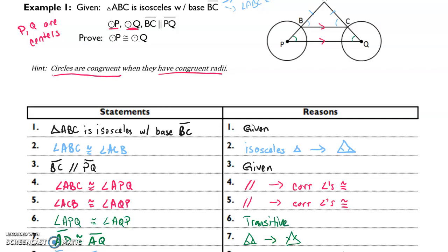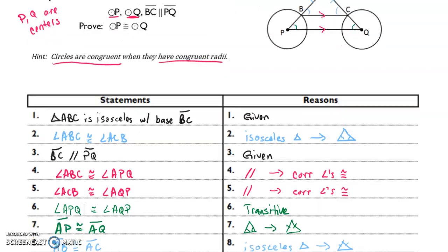Okay. ABC is congruent to APQ, ACB is congruent to AQP, and ABC is congruent to ACB. That's a transitive property. So that's actually not substitution. That's straight transitive because we have 3 congruencies that we are using there.